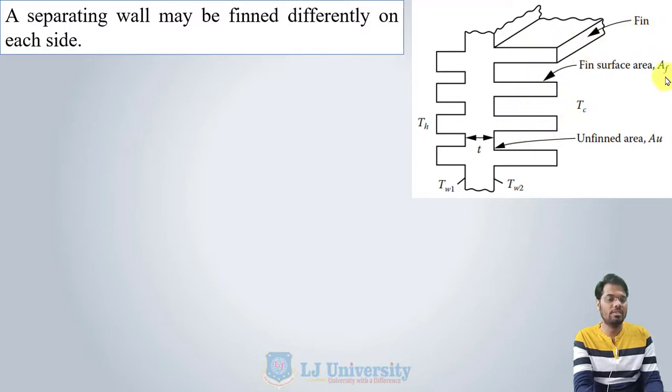The fin surface area is denoted by AF, and this is the portion where no fin is attached, so the unfinned area is denoted by AU. So the total area is AU plus AF. The temperature of this side of the wall is TW1, the temperature of this side is TW2, and this is the thickness of the wall, small t.